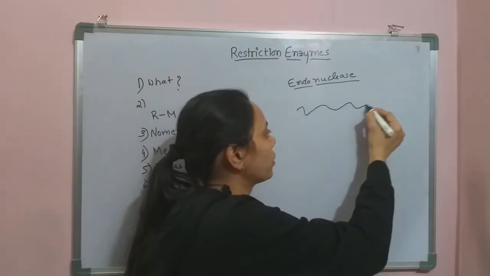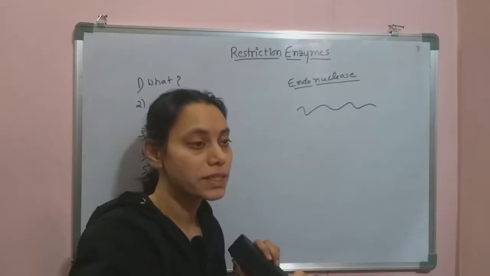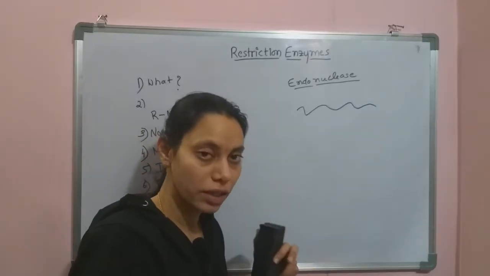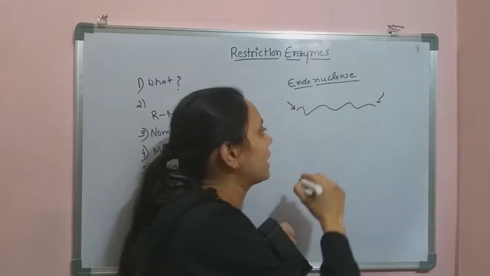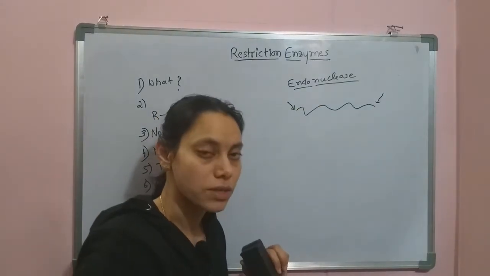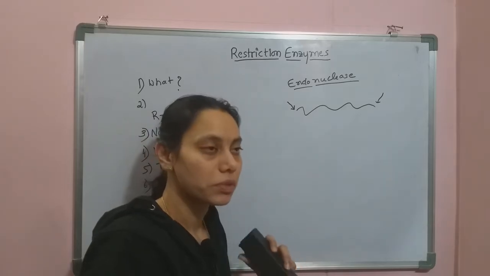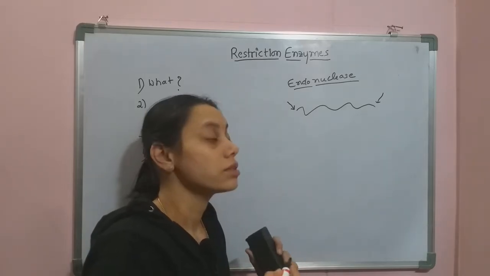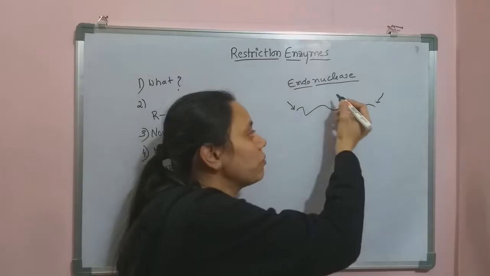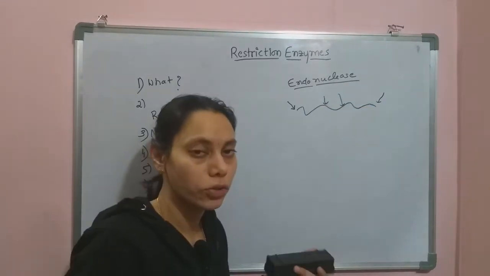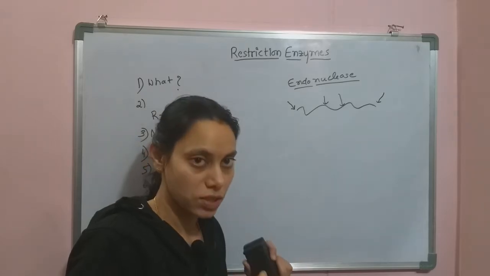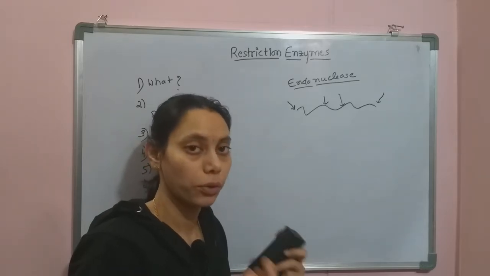If a nuclease is cutting and degrading the DNA from the end portion, then it is called an exonuclease. If a nuclease enzyme is able to cut the DNA from the middle, then it is called an endonuclease. So these restriction enzymes are types of endonucleases.